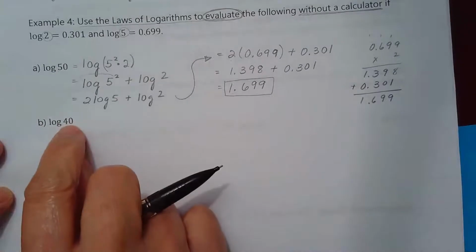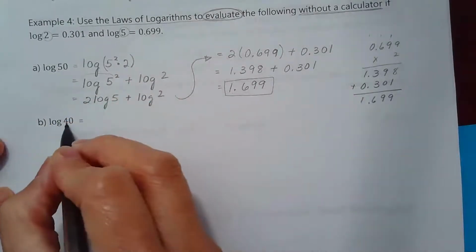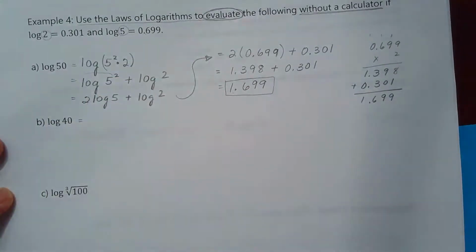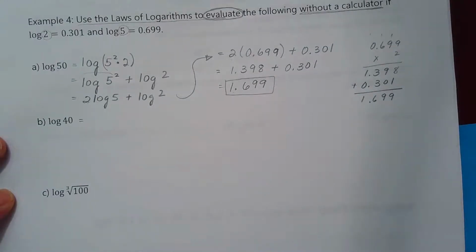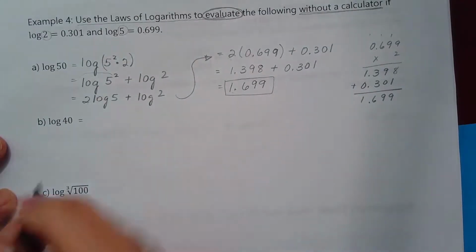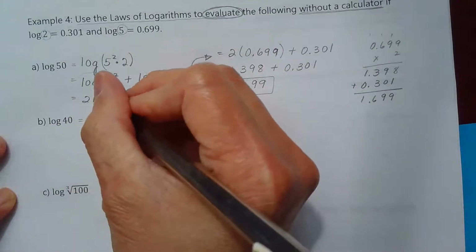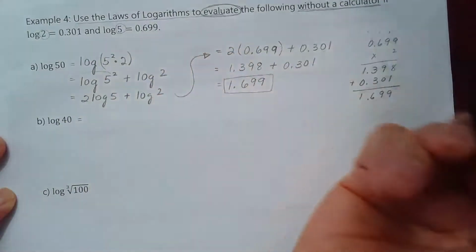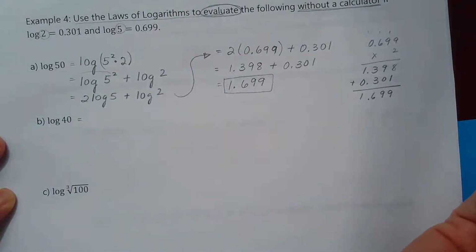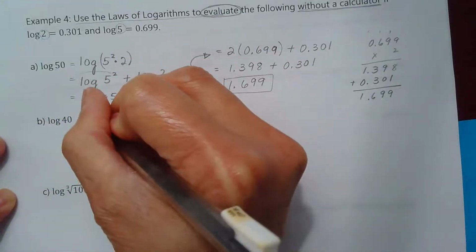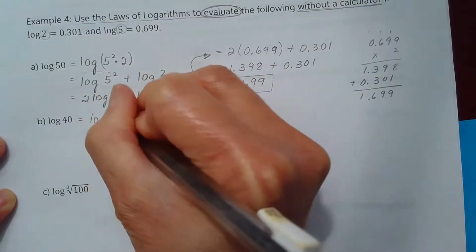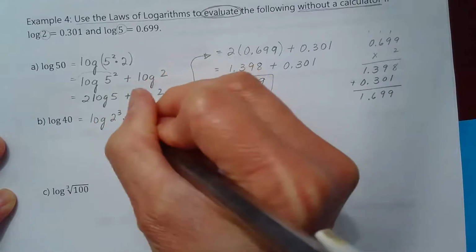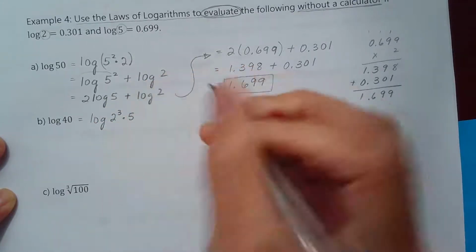Okay, so now take a look at this one. How can I get 40 from 2 and 5? So I can go 2 cubed. 2 cubed is 8, and then 8 times 5 will give me 40. So I can go log of 2 cubed times 5.